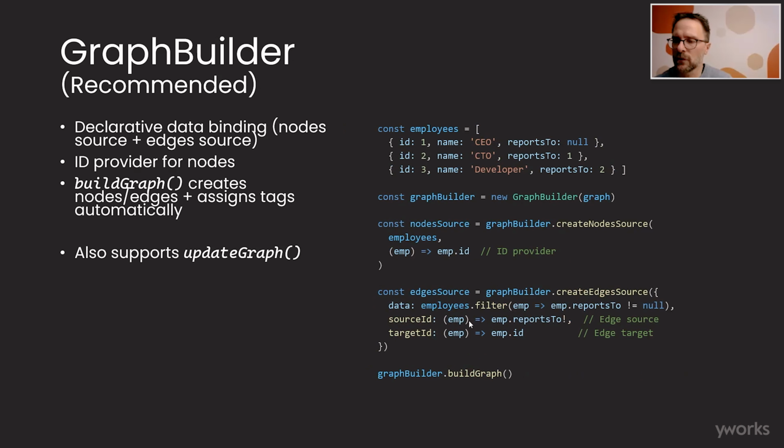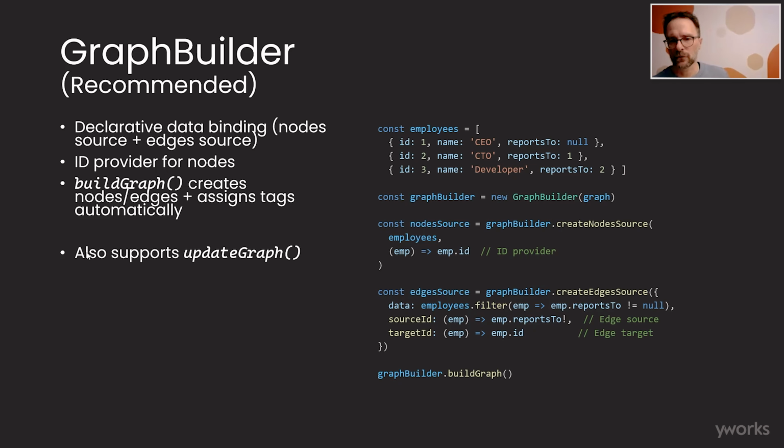So again, we're using simple lambdas here, and TypeScript will make this type safe for you, so you can actually do code completion here. And then finally, when you call the buildGraph method on the instance, yFiles will actually do the iteration for you. This doesn't sound terribly convenient so far, but we'll quickly see why this is helpful.